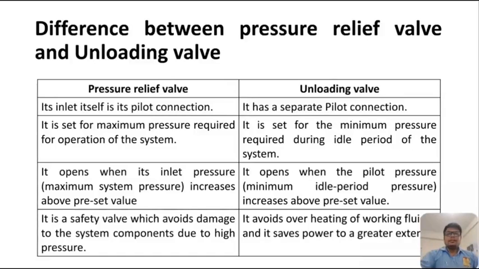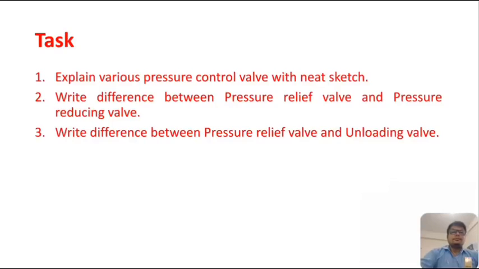The last difference: it is a safety valve which avoids damage to the system components due to generally high pressure. On the other hand, the unloading valve avoids overheating of the working fluid, and it saves power to a greater extent. So this is the basic difference between a pressure relief valve and an unloading valve.